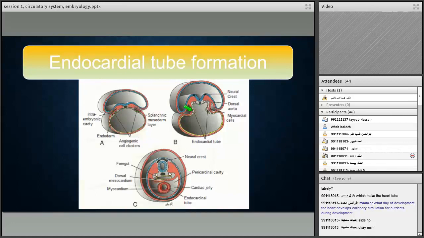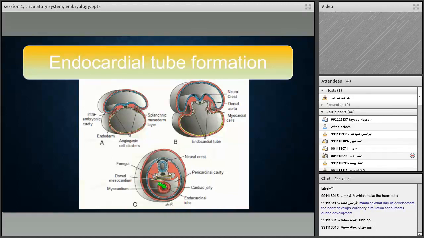Look at here. At first, we have two endocardial tubes, one on the right and one on the left side. We have two cardiogenic tubes, and then by the lateral folding of the embryo, these two tubes connect to each other and form one endocardial tube.